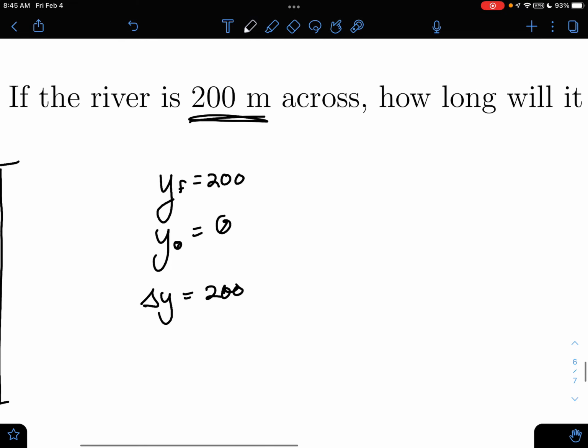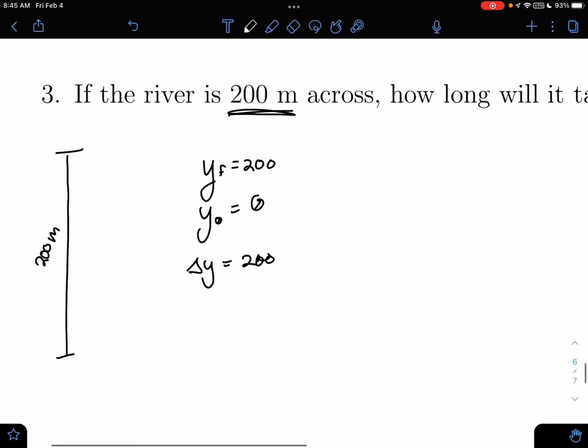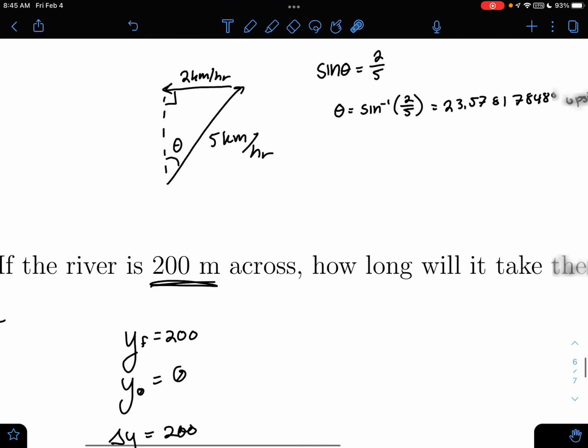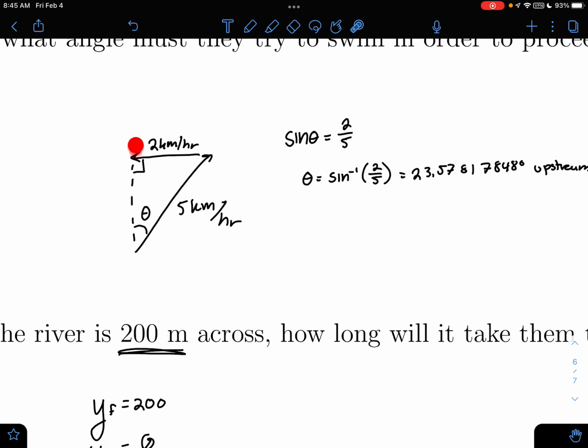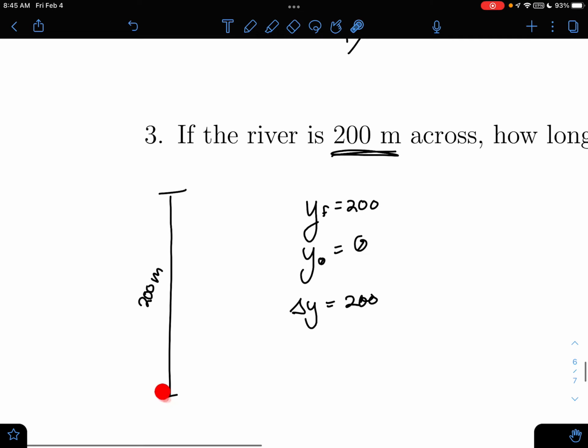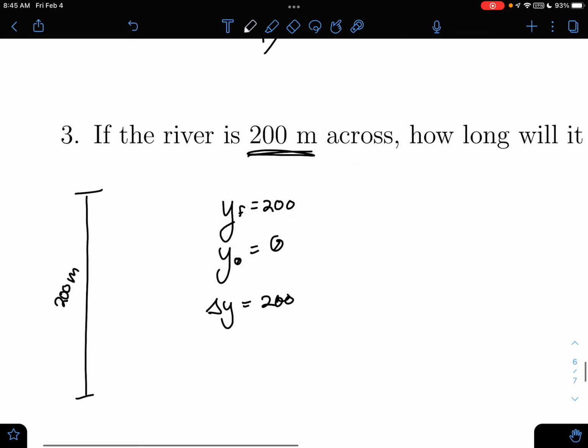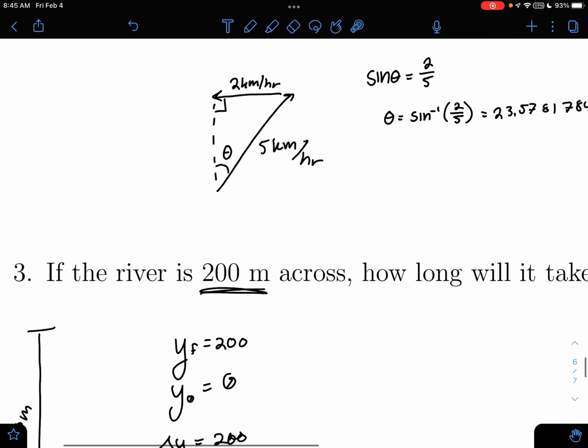So if we're just looking in the y direction, and this is canceling out, I'm trying to get from point A to point B in the y direction. How fast am I traveling in that direction? Because we're not traveling 5 kilometers per hour this direction.